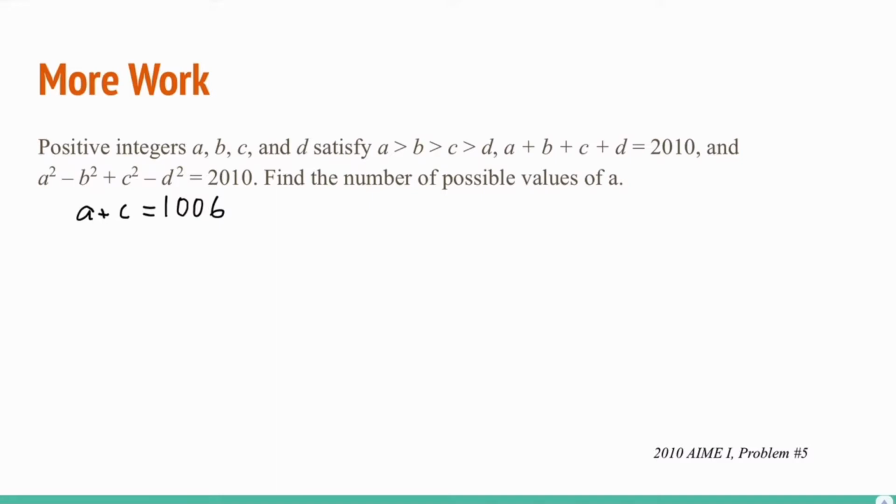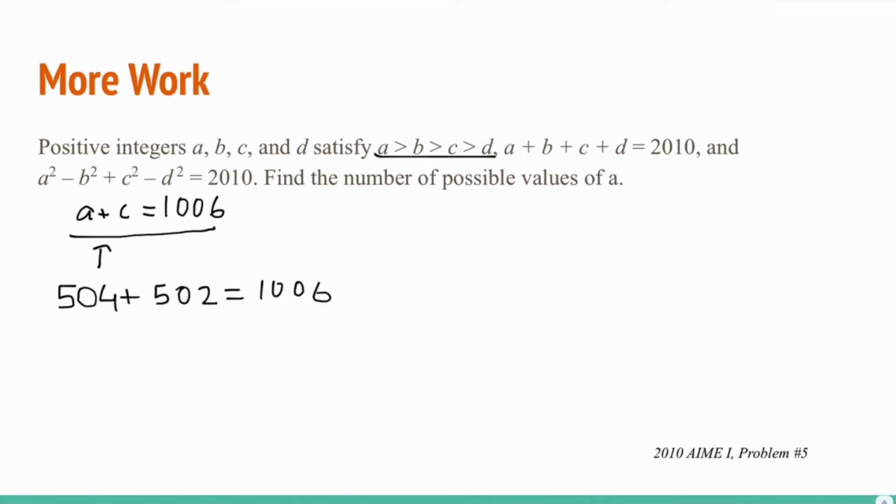Continuing onward, we see that to find the number of possible values of a, we need to find the values that satisfy this equation and this inequality. So there has to be a value of b that can go between a and c. So a has to be at least 504, and then c will be 502, so b can be 503.